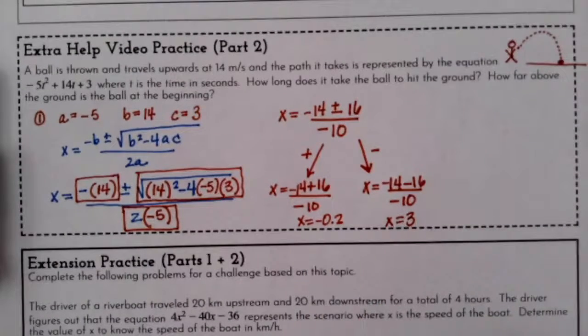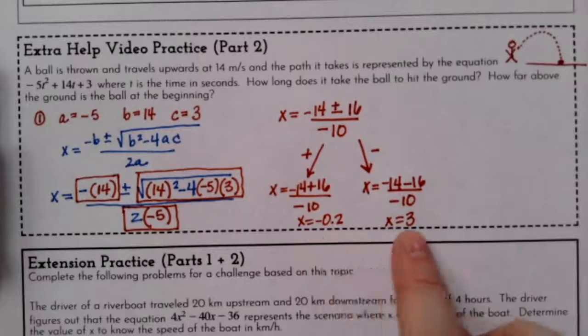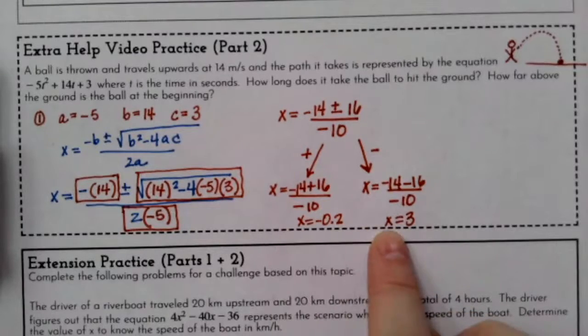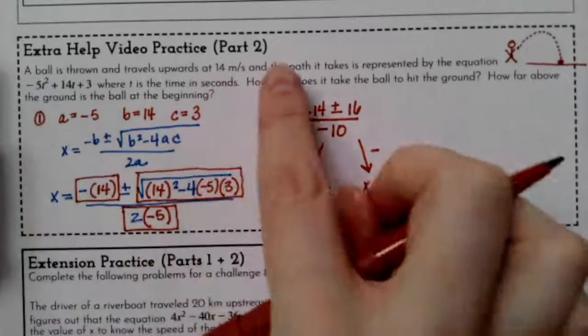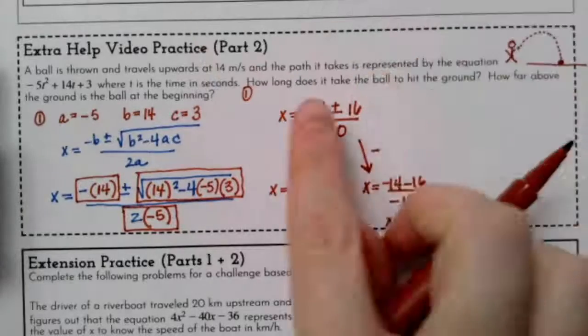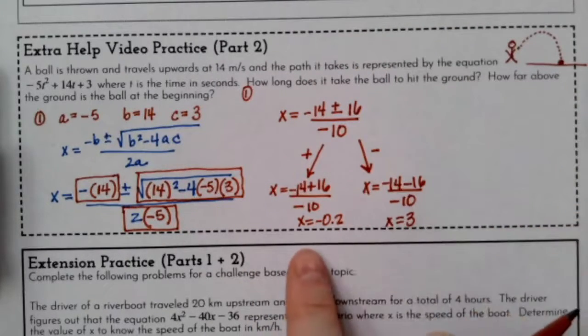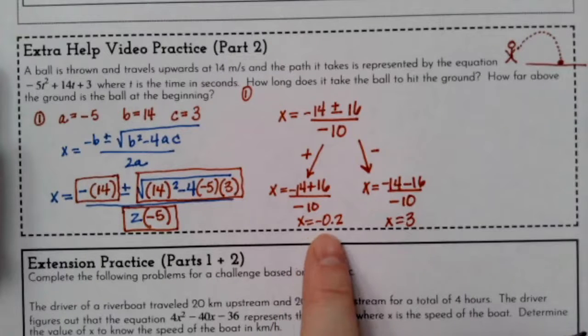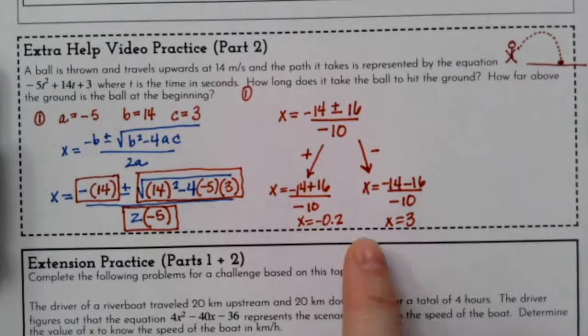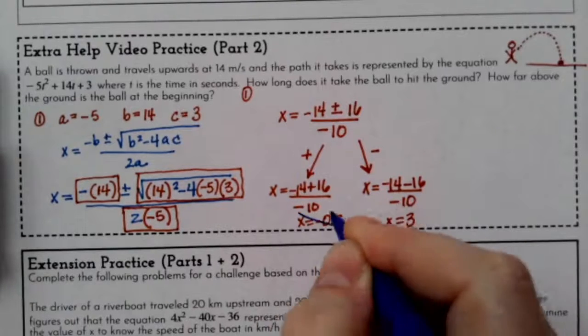Now remember, in a context, these are not our answers. We need to actually answer the question. So question 1 was, how long does it take the ball to hit the ground? So I'm going to check each of my answers. So this one says it takes negative 0.2 seconds to hit the ground. Well, that doesn't make any sense, so I'm going to cross it out.